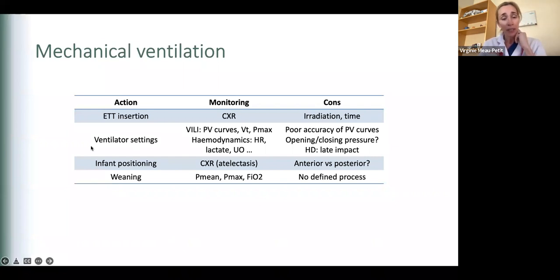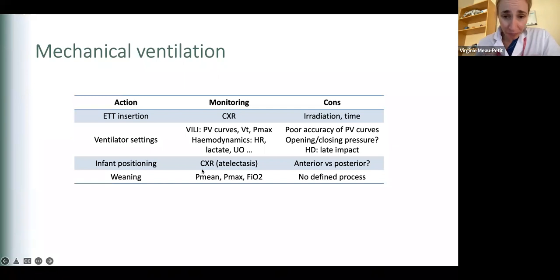In terms of how we set our ventilators, we always start with some standard settings that we adjust secondarily on the PV curves, on the tidal volume, the Pmax, on the hemodynamic tolerance. But we know that in newborns, because of the ET tube size, length, and lots of spontaneous breathing, there is a poor accuracy of the PV curves. It's very difficult thus to define the opening and closing pressure. And when we see hemodynamic consequences, most of the time it's a bit late.